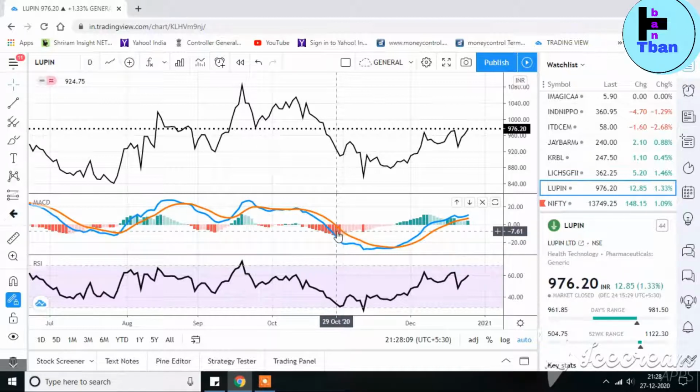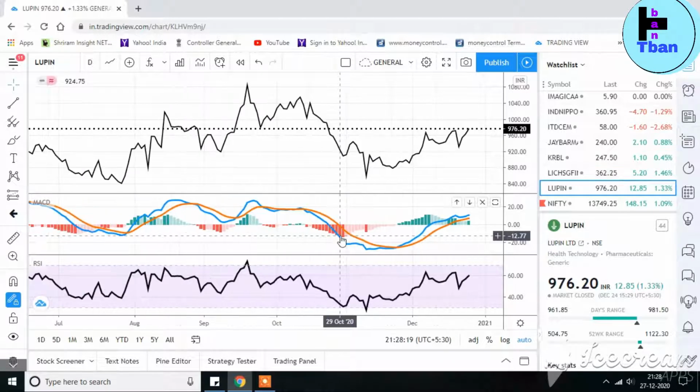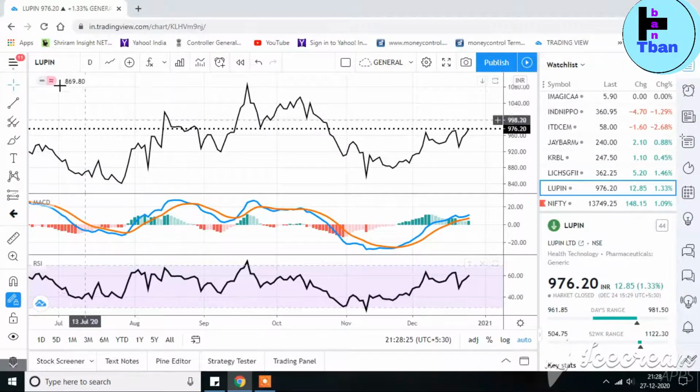One is divergence on RSI, another is divergence on the histogram, another divergence is also on the MACD line. First of all, I have also seen the divergence on MACD. Now I am seeing the divergence of RSI.